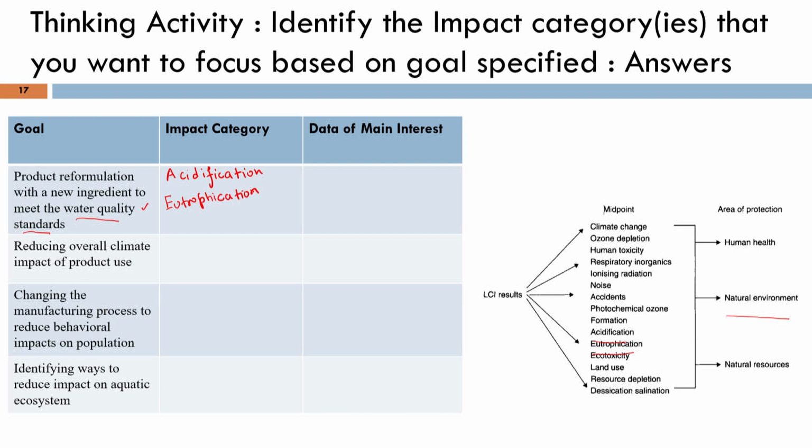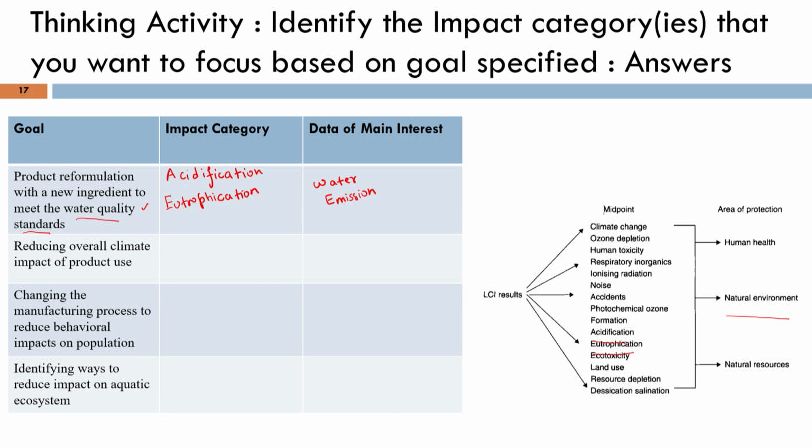When we go through the life cycle impact assessment steps, I will go through more detail into these impact categories. Here the data of main interest would be water emissions related to the product manufacturing, and the water emissions could be related to the nitrogen emissions or any other toxic chemicals.